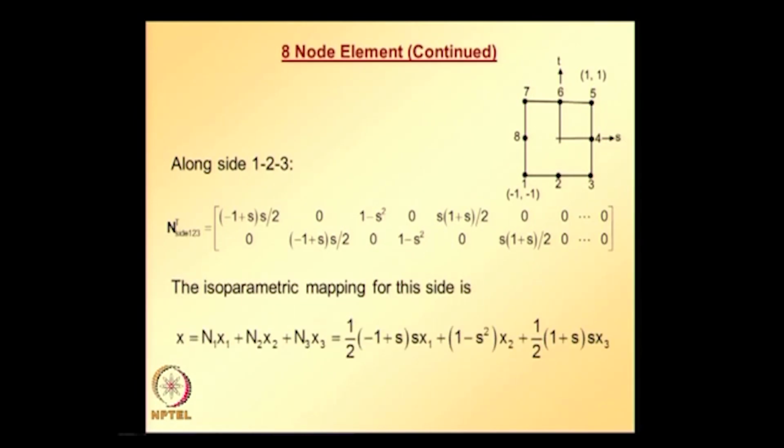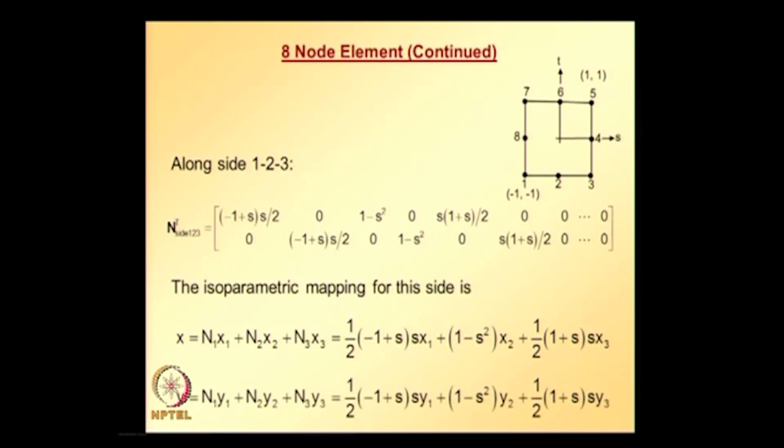That is given by the shape functions which are non-zero along side 1, 2, 3. Since the shape functions of the other nodes along side 1, 2, 3, except nodes 1, 2, 3, are 0, we can easily obtain the shape functions of nodes 1, 2, 3 along the side using the Lagrange interpolation formula, and then write the relationship between x and the local s coordinate, and y and the local s coordinate.